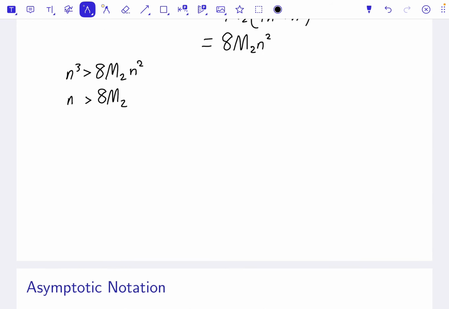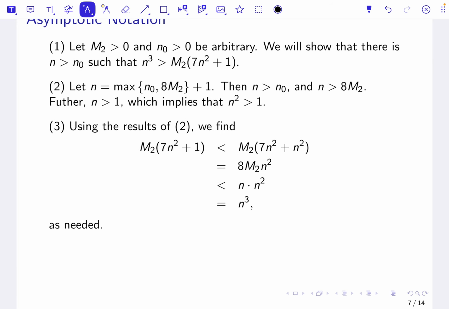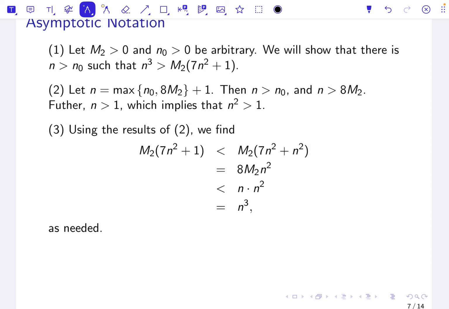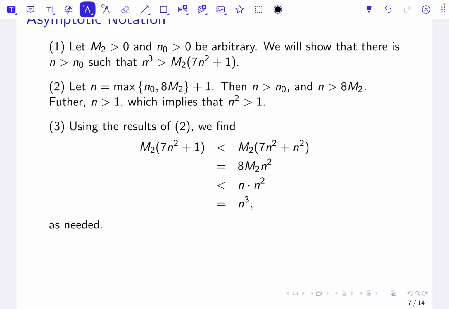Oh yeah, we found that n has to be greater than 1, but that one's sort of just covered by the trick that we learned earlier to make sure that n is strictly greater than both of these. Adding 1.